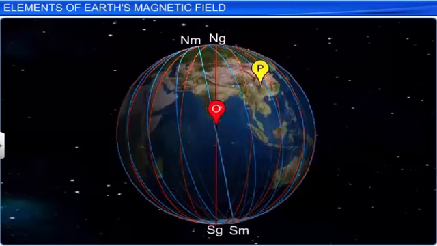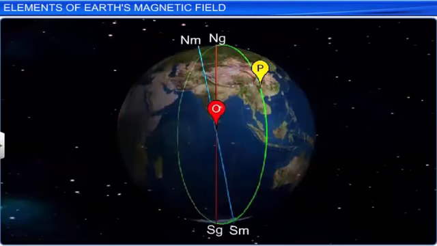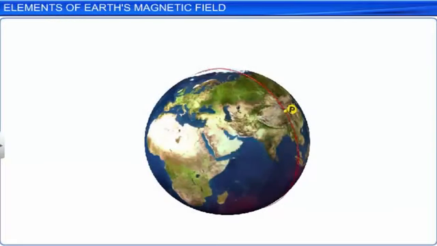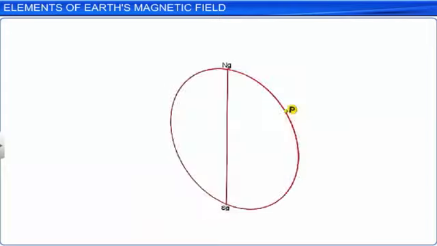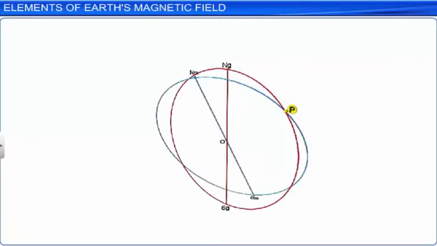Locate point P on the globe at which you want to determine the Earth's total magnetic field, BE. Draw a circle passing through the point P and the geographic north and south poles. This is the geographic meridian circle. Draw another circle passing through the point P and the magnetic north and south poles.